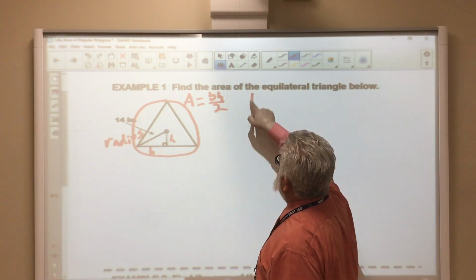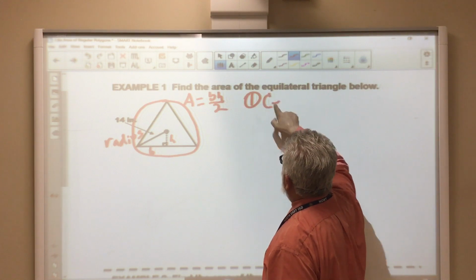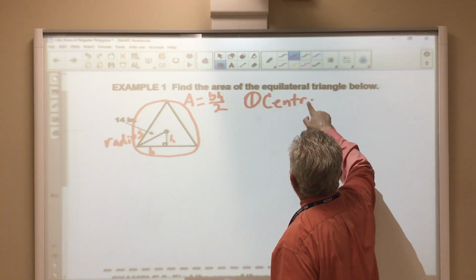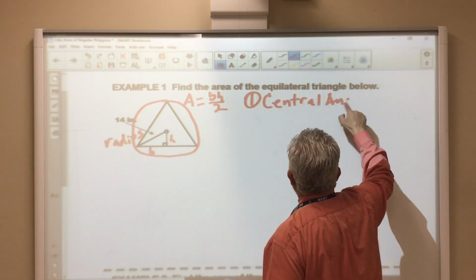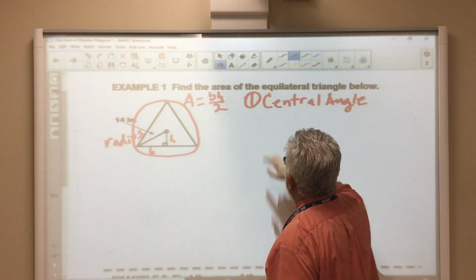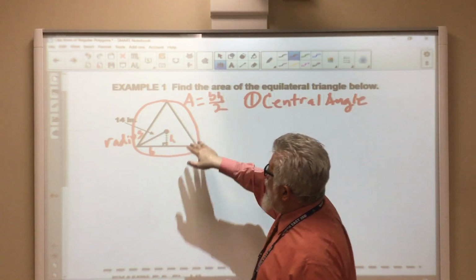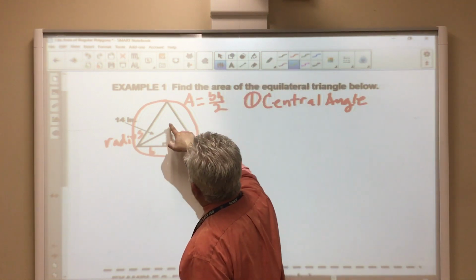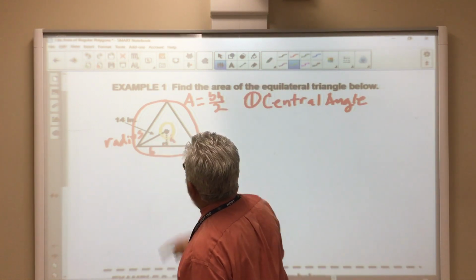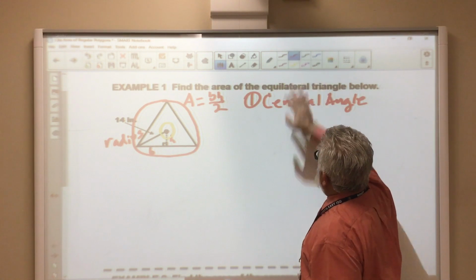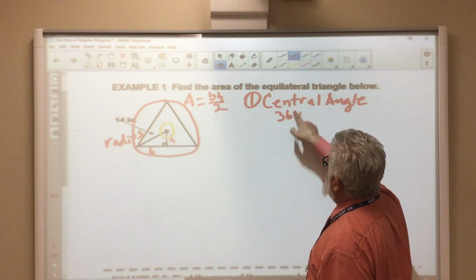In order to determine which one we're going to use, though, we first must find the central angle. To find the central angle, if I went all the way around this part right here, that would be 360 degrees.